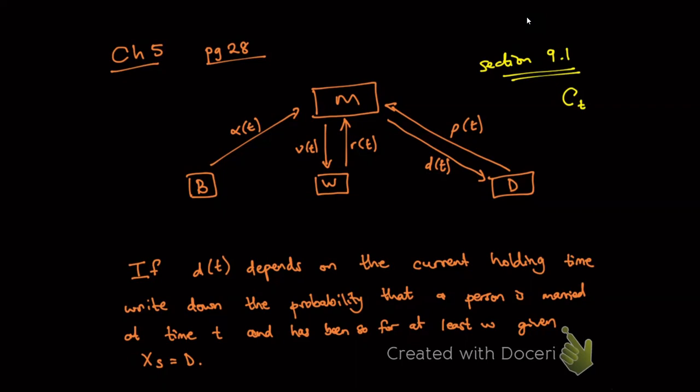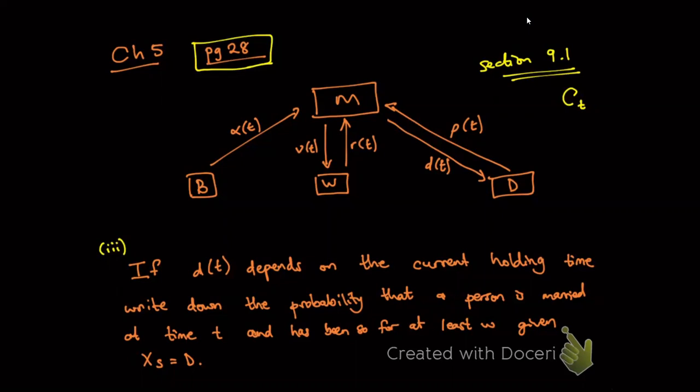So I haven't drawn the whole diagram because I'm only looking at the page 28 question. So I've written down this last part of the question. It's part 3. And so we're not interested in death in this part, or I suppose we are.